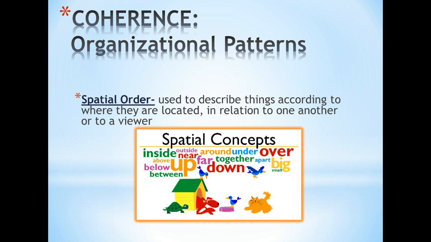So for example, if you were describing the layout of Potomac, you might start at the east side of the building and start describing it there and work your way to the west side. Or you might start on the first floor and then describe the second floor. Those are examples of spatial order. Spatial order is usually used for descriptive purposes or expository purposes.